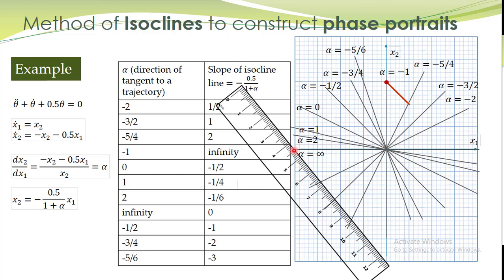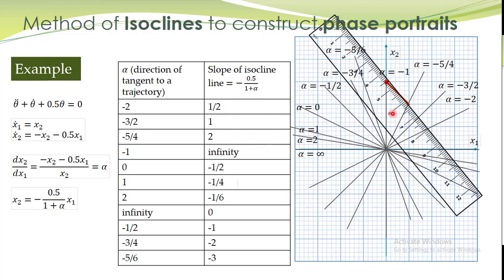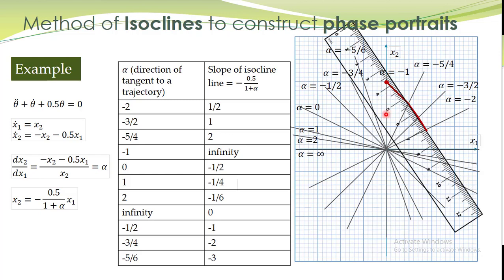If I count from this point, 1 box, 2, 3, 4, 5 boxes downwards and 1, 2, 3, 4 boxes horizontal. So this scale has a slope equal to -5/4. I just move this scale over here and draw a line. So the scale is moved over here, draw a line, and similarly we can proceed further. From this point to this point, how should I draw a line?